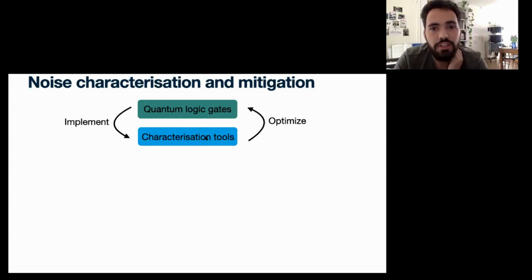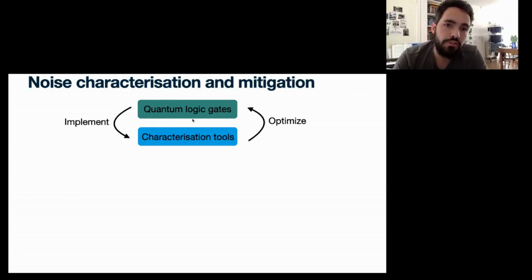They build some quantum logic gates, they specify them in some way, and then they implement them, and they use this characterization tool to test whether or not they work. And then given that information, they feed back to these quantum logic gates and make them a little bit better. And this is a loop that is happening very close to the hardware level.